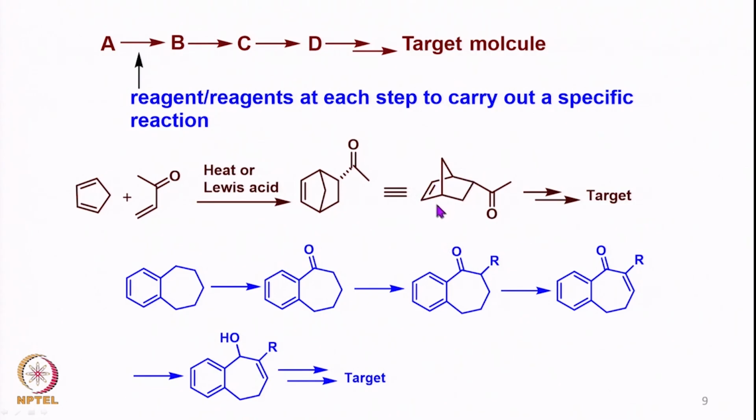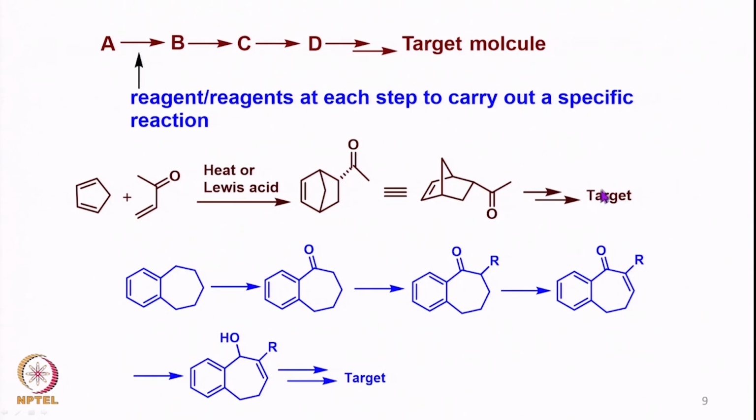As we can see, it has a double bond which can be functionalized or cleaved. Then it has a carbonyl group, and there is an alpha hydrogen next to the carbonyl, and there are 3 hydrogens here which are alpha to the carbonyl group, and therefore they are activated hydrogens and can be functionalized.